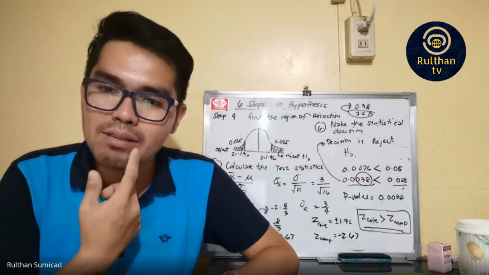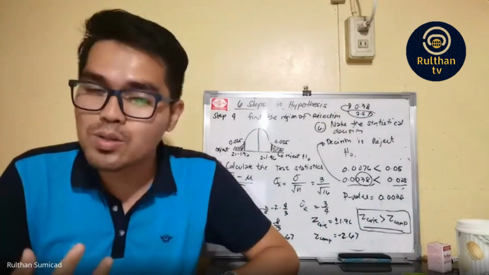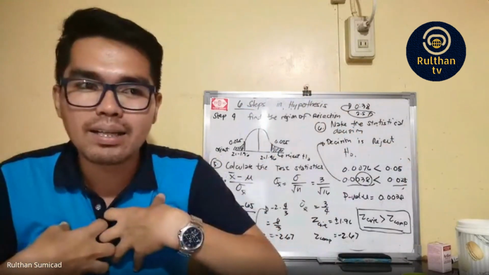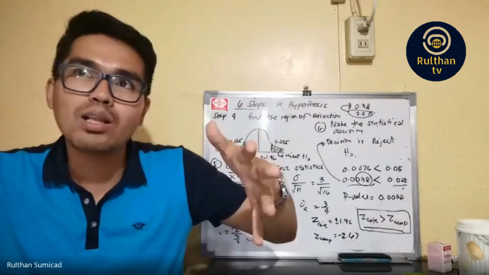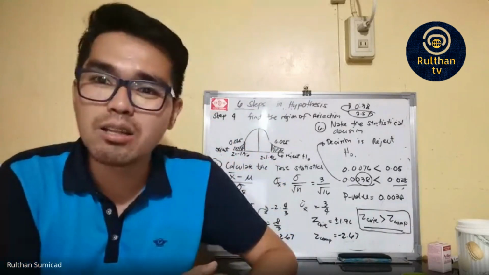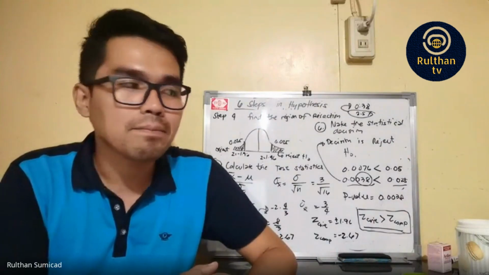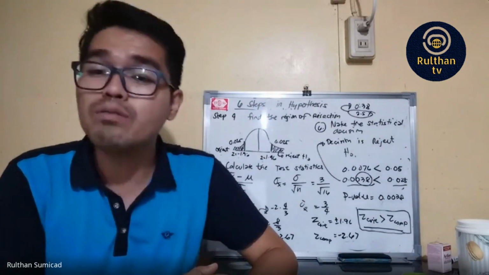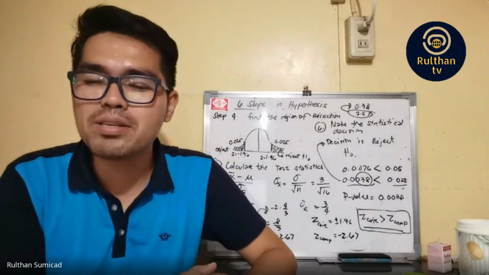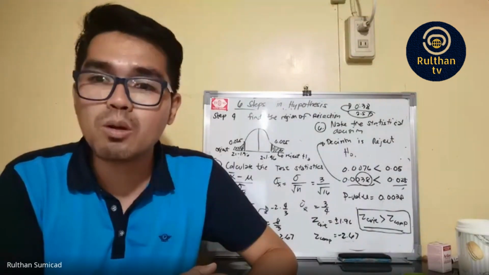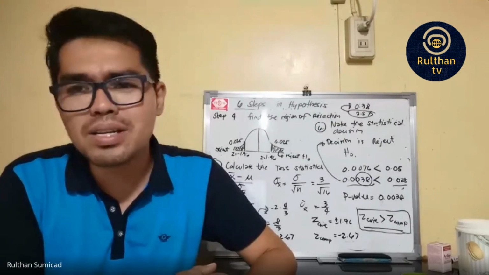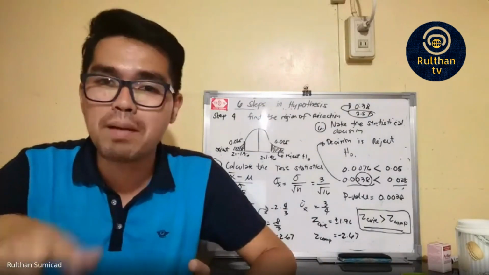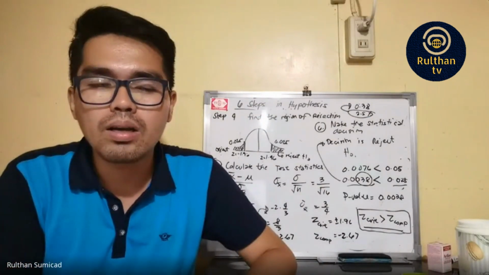Because if you are biased, for example, 100 is your sample size from a population of 1,000, and you would only select your friends, you will select all your friends for the 100. That is not random selection. That is, what do you call this word? I forgot the term. That is convenient sampling. You choose your sample based on your convenience, which is prone to bias. I mean, random selection still has a bias in it, but there is a small amount of bias found in it compared to convenient sampling.